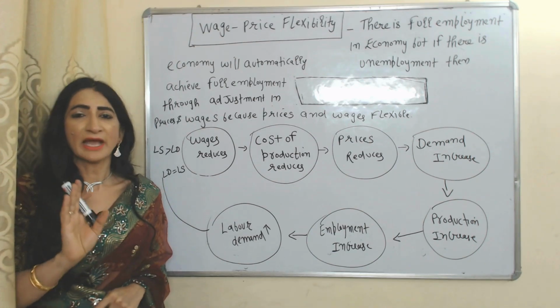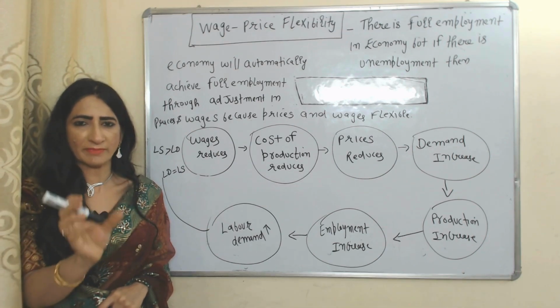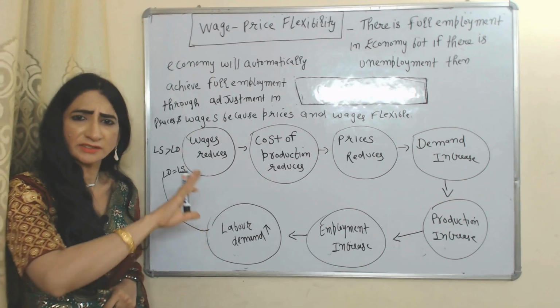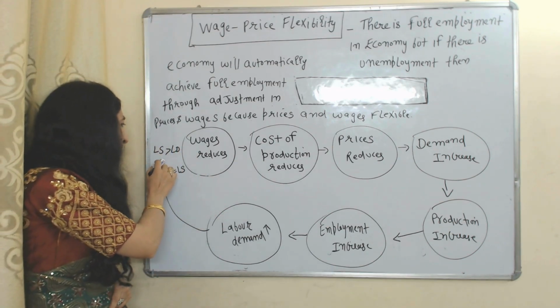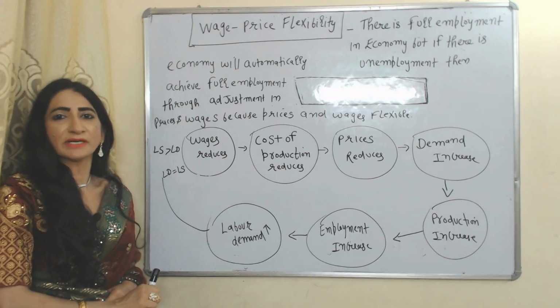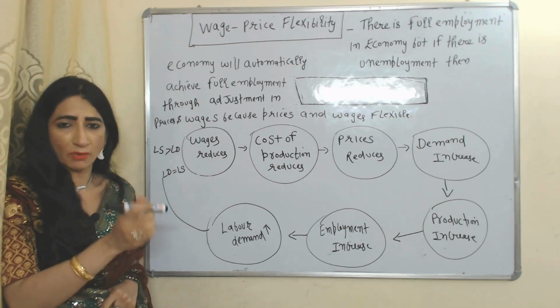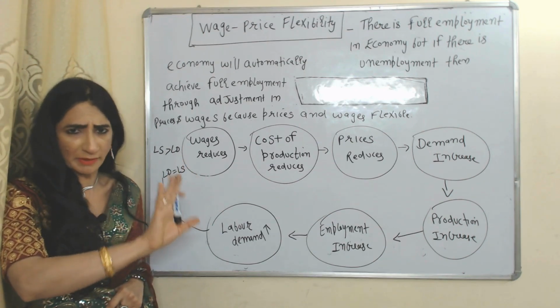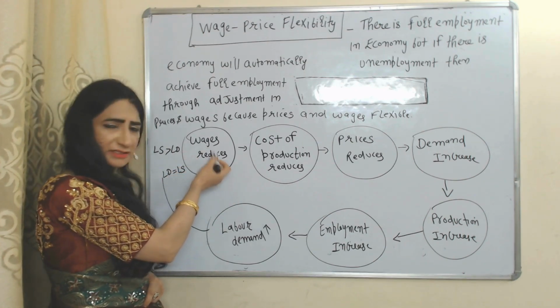But how? In case of full employment, labor demand is equal to labor supply. Now we assume there is no full employment, and labor supply is more than labor demand. That means more people want to work, but businesses don't have so many jobs for people. As a result, wages reduce.